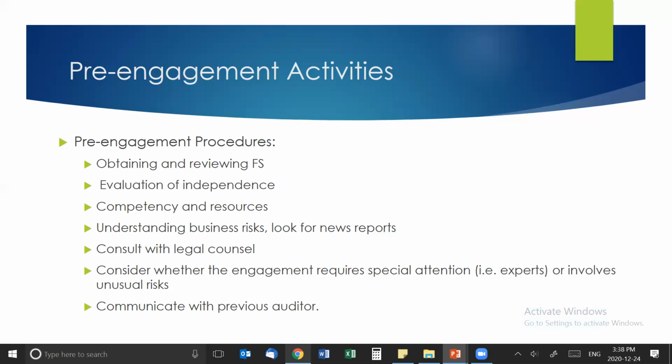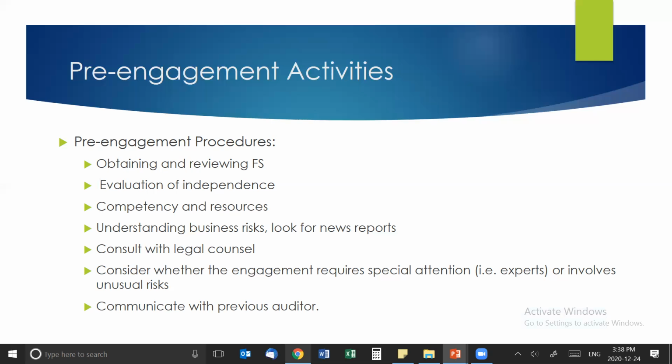You're also going to understand the business and understand the business risks. Maybe you can do a Google search and look for any news reports. Is this company in public scrutiny for something, or getting sued, or going bankrupt, or what's going on here, and do you want to accept it? You can consult with legal counsel to determine if this is too risky of an audit to take on or not.